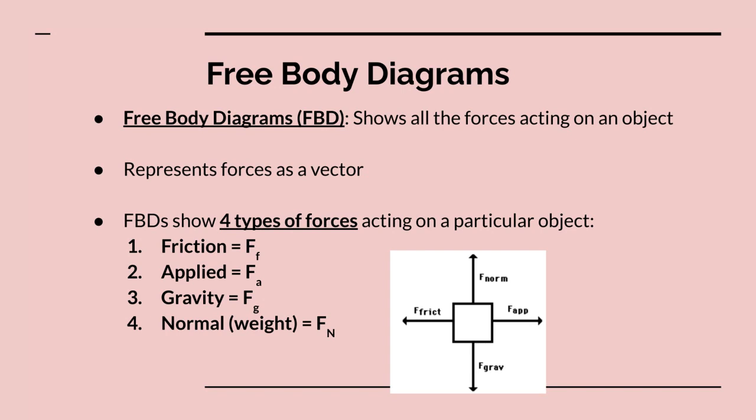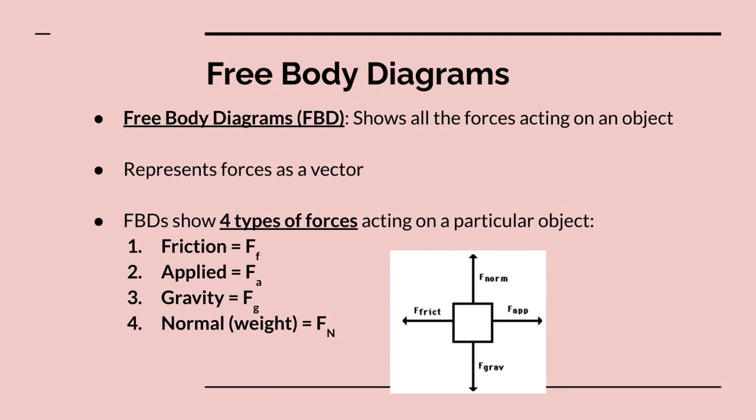So free body diagrams are more or less pictures that show all the forces acting on an object. We're going to use vectors to represent the forces affecting different objects. Though there can be more than four on a free body diagram, typically they express four types of forces acting on a particular object. There's the friction force, and there are different types of friction forces, which we'll get into when we get to friction.